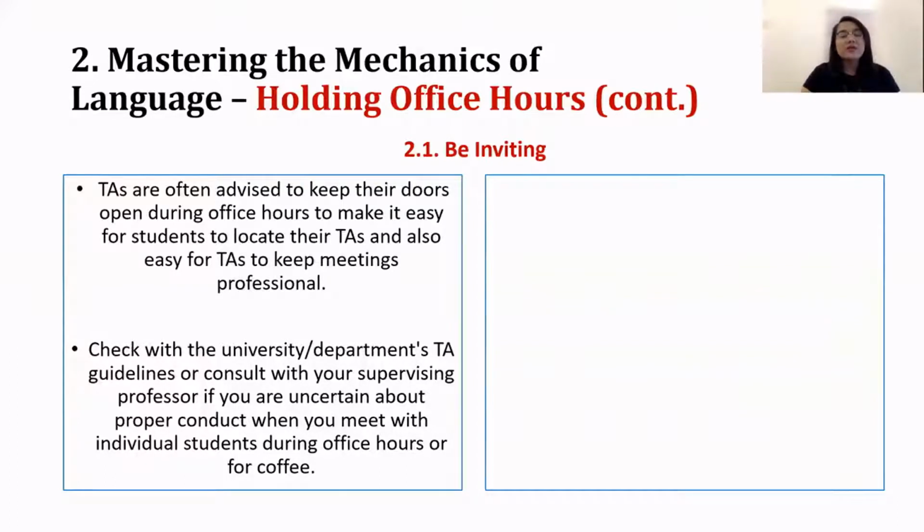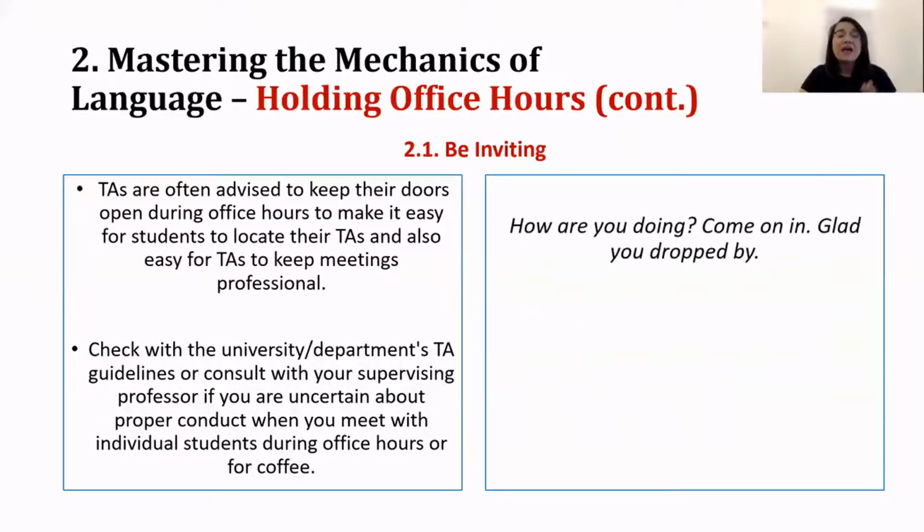So here are some of the phrases that we can use to be inviting as a TA to our students. Repeat after me. How are you doing? Come on in. Glad you dropped by. Good. So being inviting means we also welcome our students' presence, students coming, right?